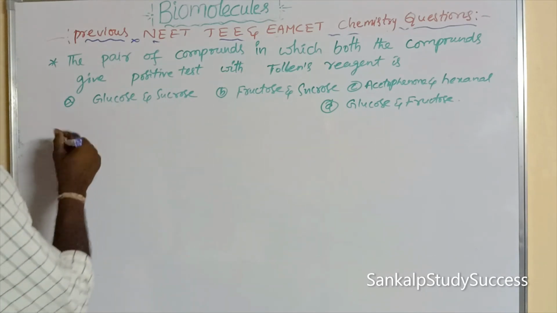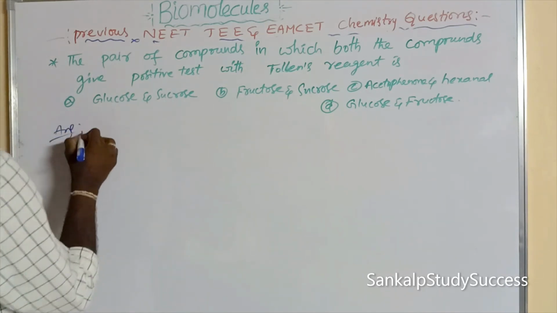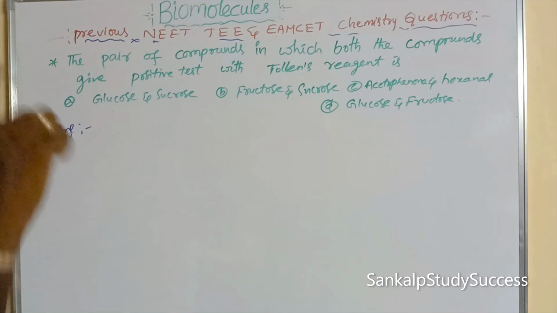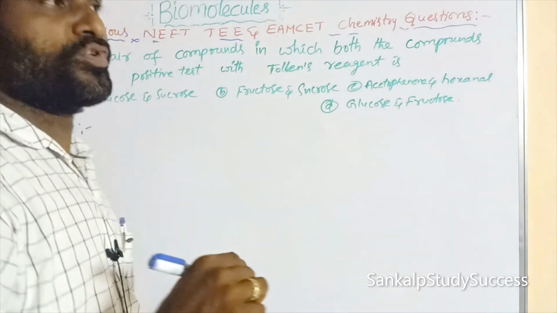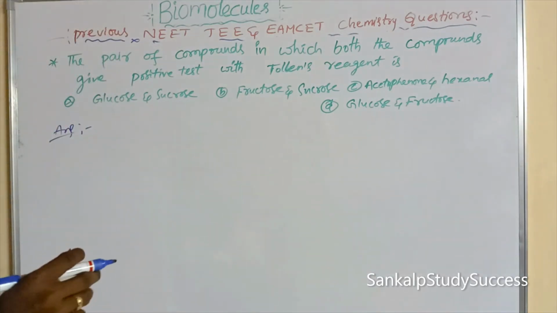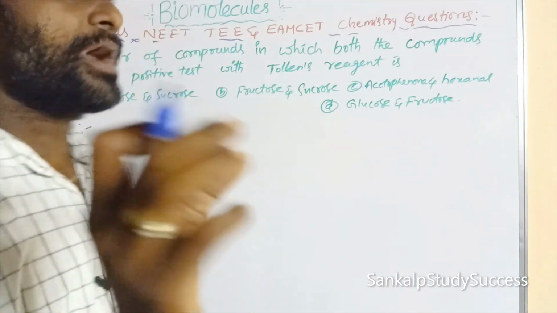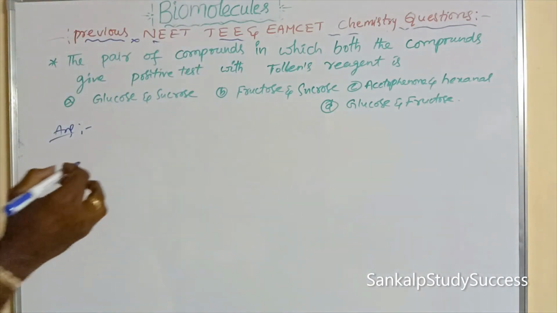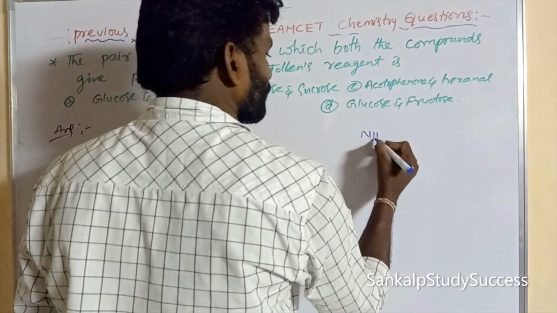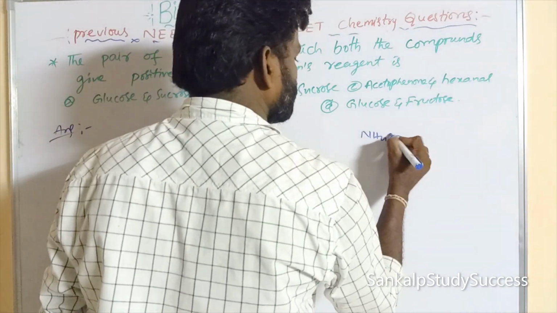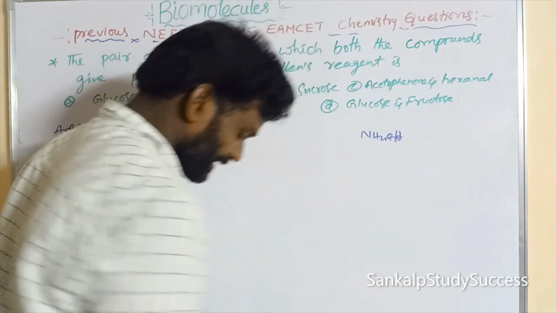Right, the Tollens test. Ammoniacal silver nitrate is said to be Tollens reagent. The mixture of ammonium hydroxide plus silver nitrate is said to be ammoniacal silver nitrate.